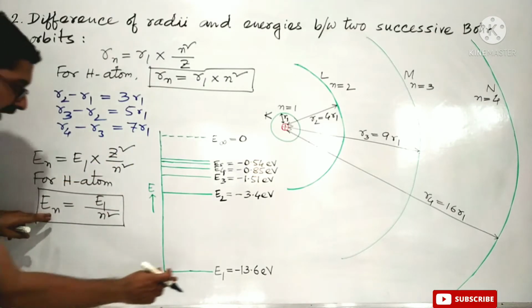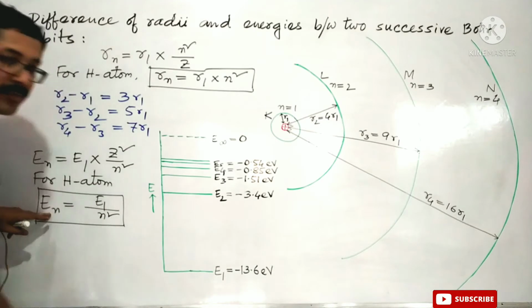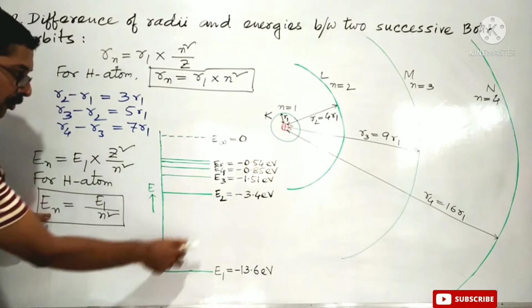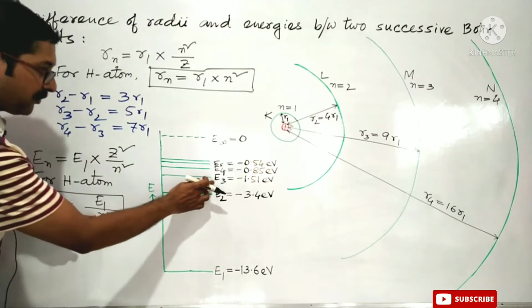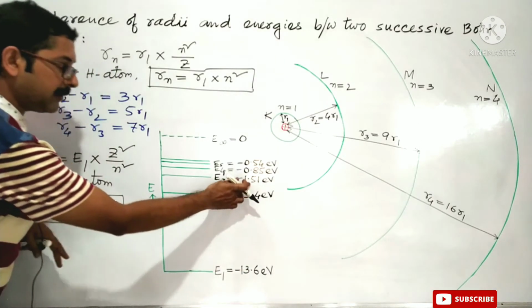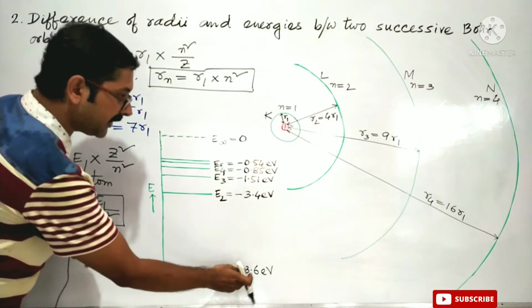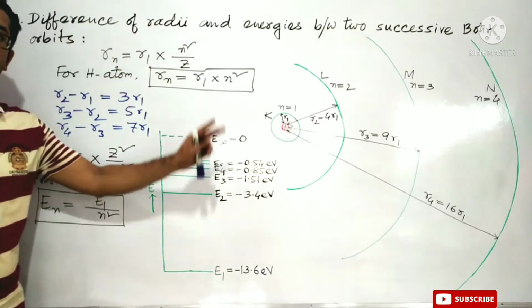So this is E1, 13.6 electron volt. For the second orbit, this is 13.6 divided by 4. For the third orbit, 13.6 divided by 9. For the fourth orbit, 13.6 divided by 16, and so on.